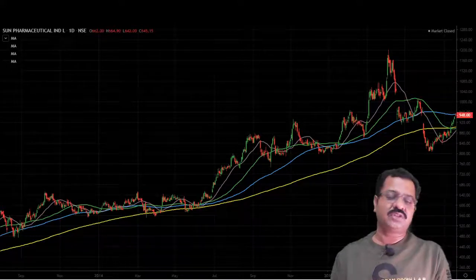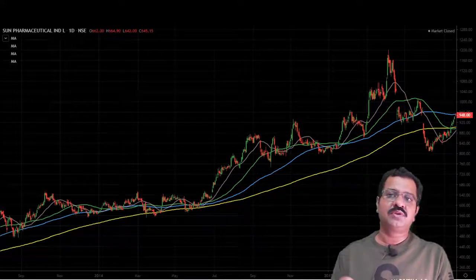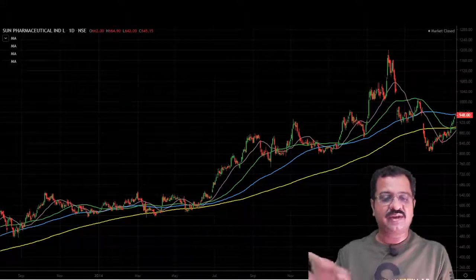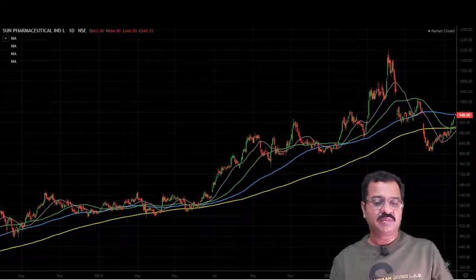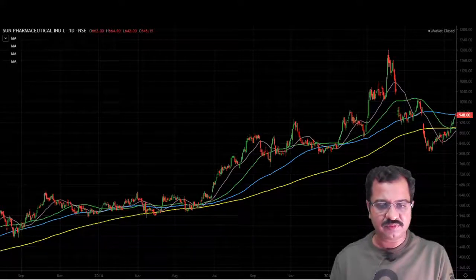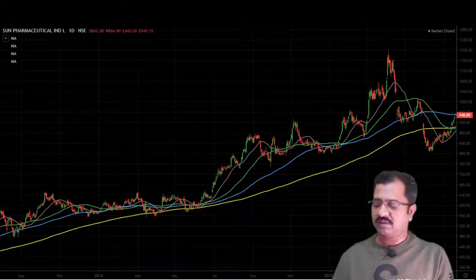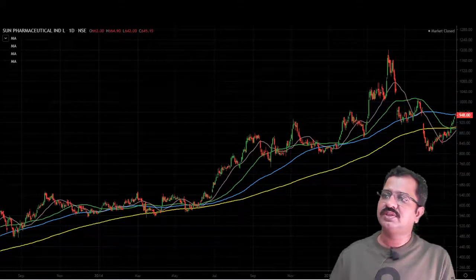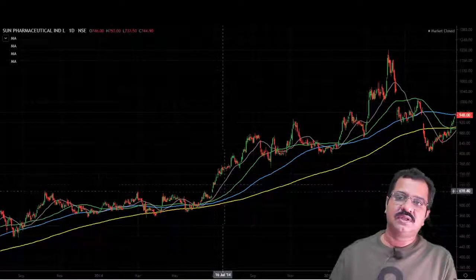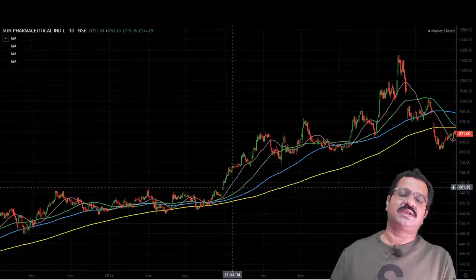If you don't want to use this as a standalone strategy, but you have some strategies which work in a bullish market only, then you can put this filter that okay, when all my moving averages are expanding, then this is a bullish market.